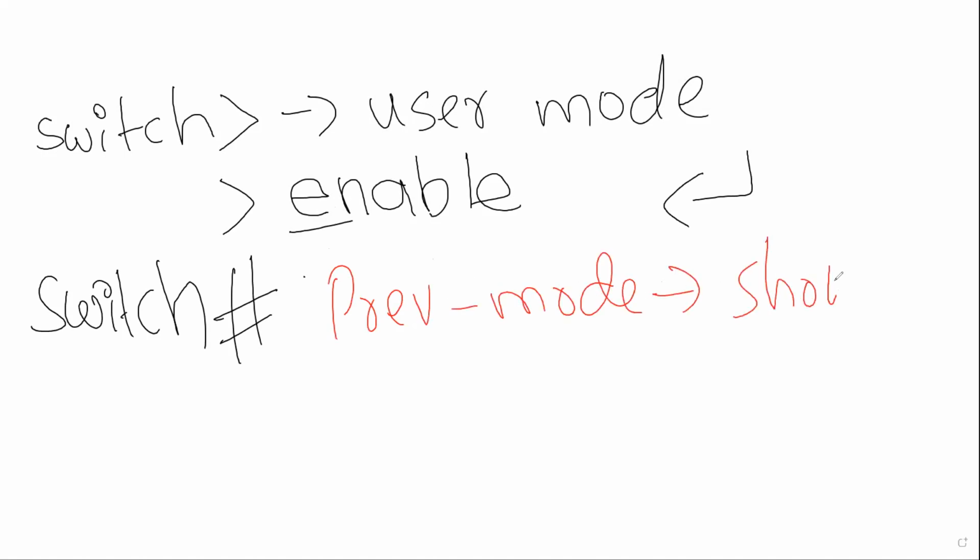All the show commands will work over here. If you want to see anything like version, image, configuration, VLAN, interface status, everything you can see from the privilege mode. Then from the privilege mode, we have a next command called config T. T means terminal, or configuration terminal.